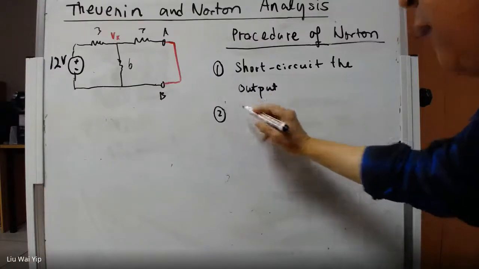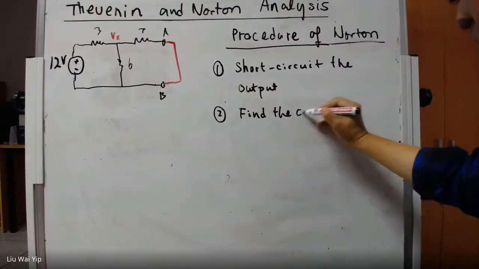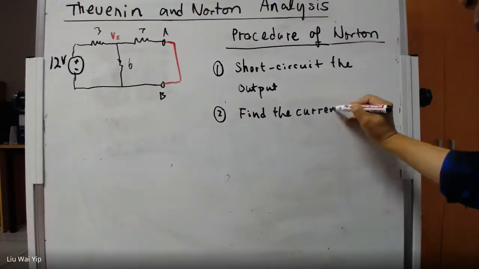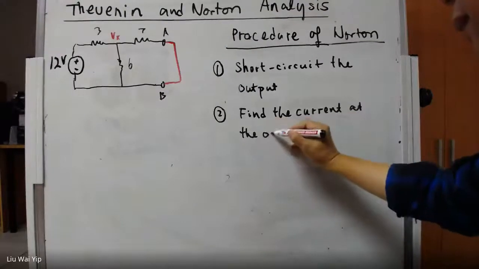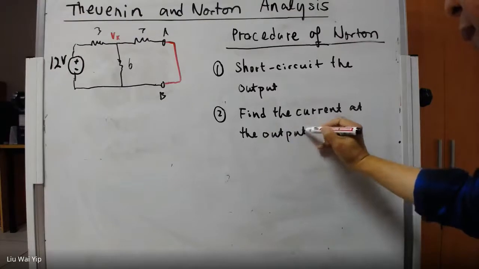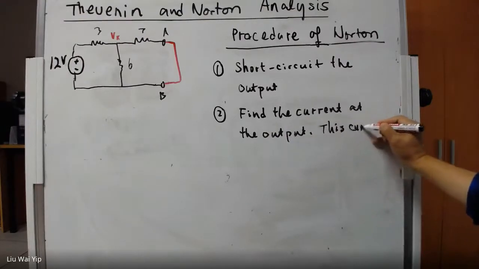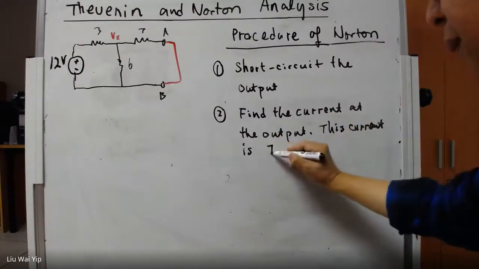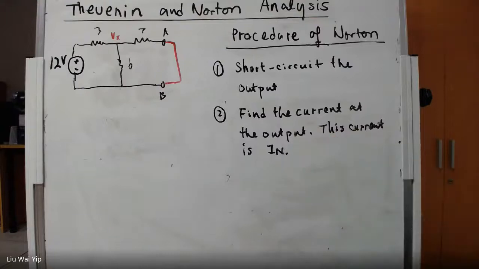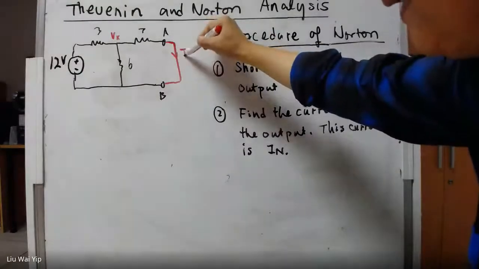So the second step is find the current at the output. And this current is the Norton current. So if I'm going to find the current here, then this will be IN.